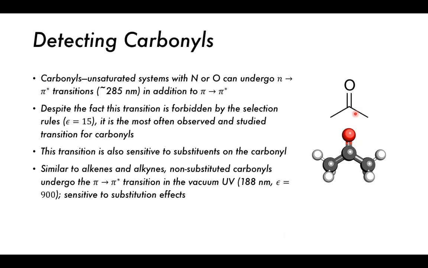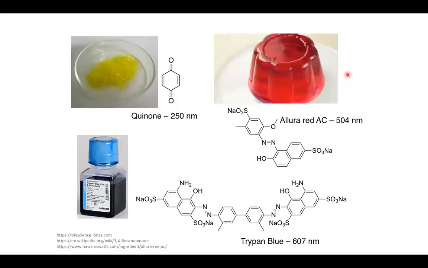Similar to alkenes and alkynes, non-substituted carbonyls undergo the pi to pi star transition in the vacuum UV at 188 nanometers. The epsilon here is 900, and it is very sensitive to substitution effects. Carbonyls are another thing which can be easily measured in UV, and they're regularly measured.